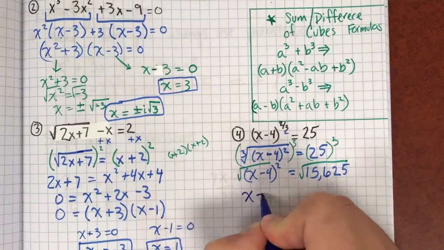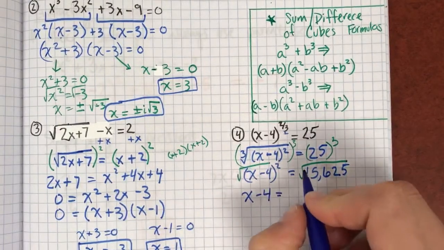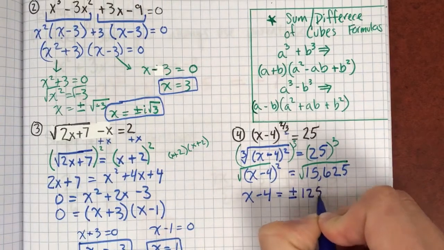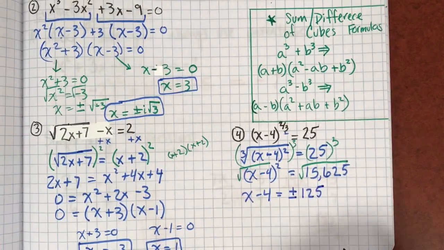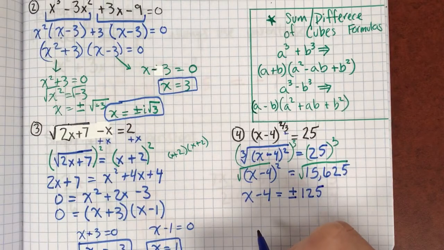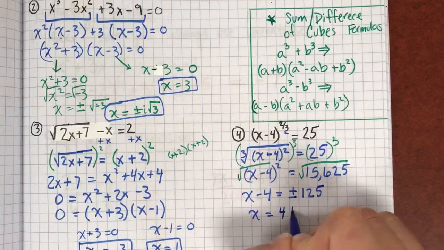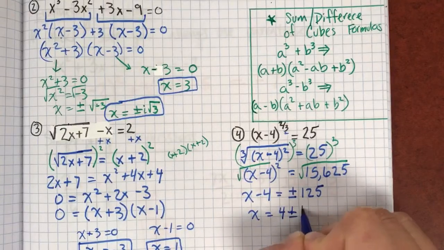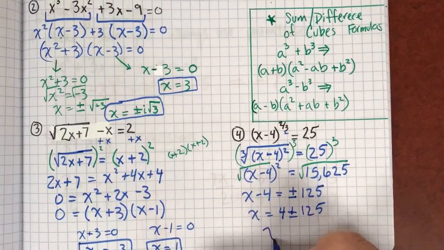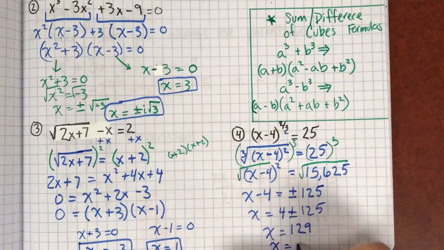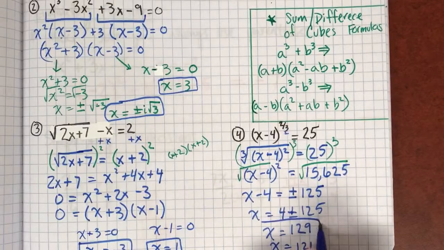Now we're just left with x minus 4 equals plus or minus 125. So we add 4, so we've got x equals 4 plus or minus 125, and let's simplify that. x equals 129 and x equals negative 121.